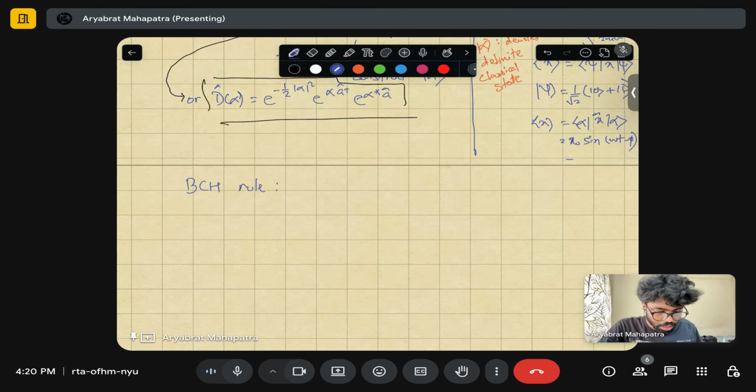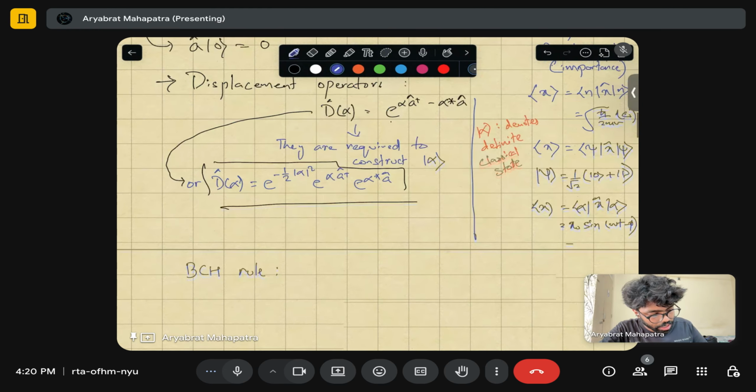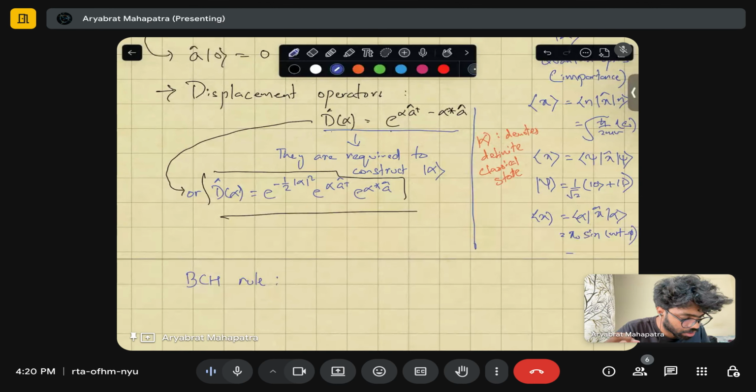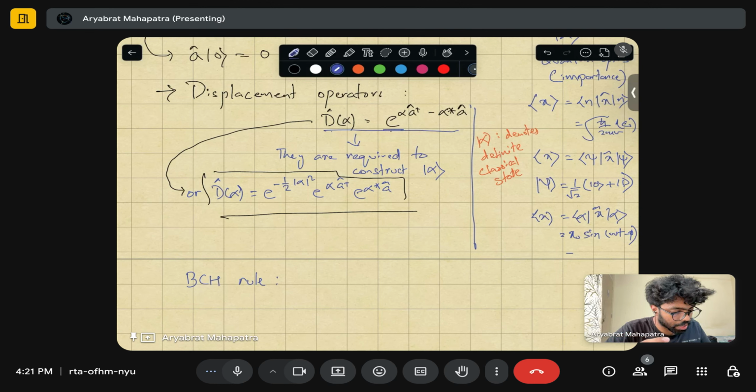So what does the BCH rule do? For example, we wrote this operator D(alpha), the displacement operator. Otherwise we re-express this D(alpha) in this form, where you had only one exponential, with its power being alpha a dagger minus alpha star a, but now that is split into three exponentials.